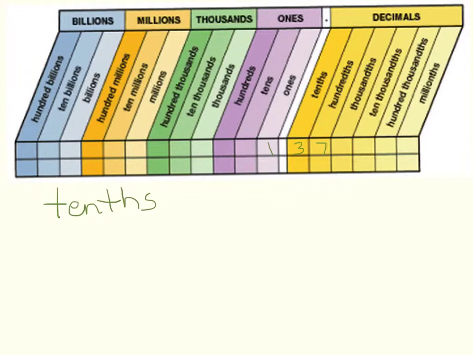First thing I have to do is find the tenths. I'm going to do something with that 3, and my 7 is going to tell me what to do with that 3. The 7 meets the 5 or more let it soar criteria. So I'm going to keep my 1. My 3 is going to bump up to a 4, and everything behind it turns to 0.